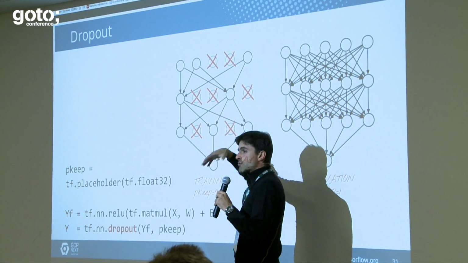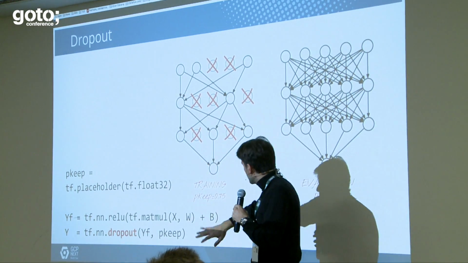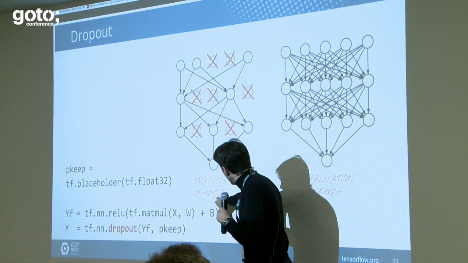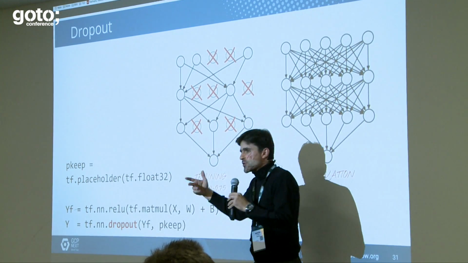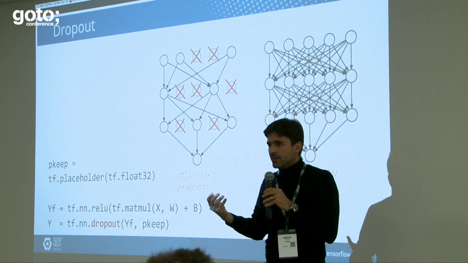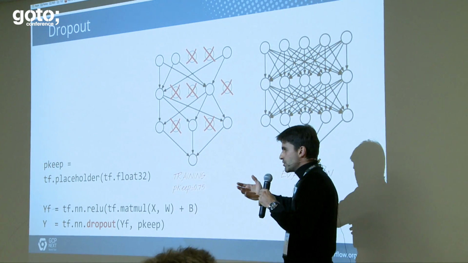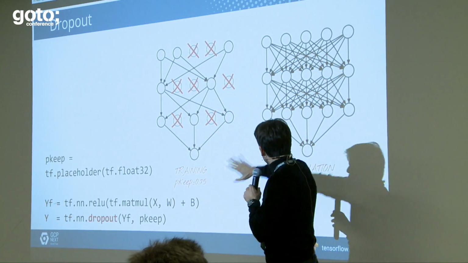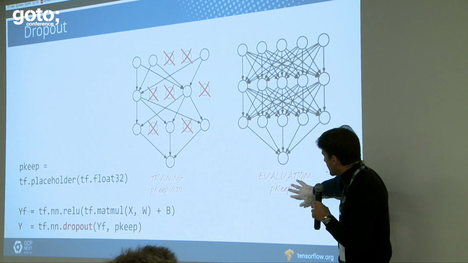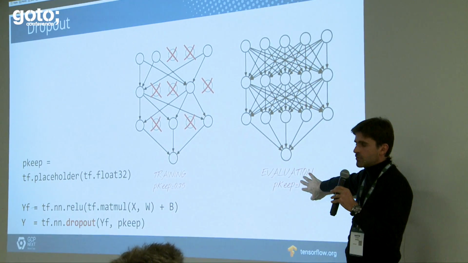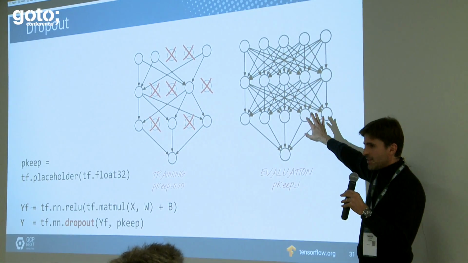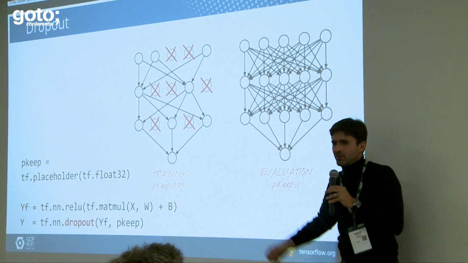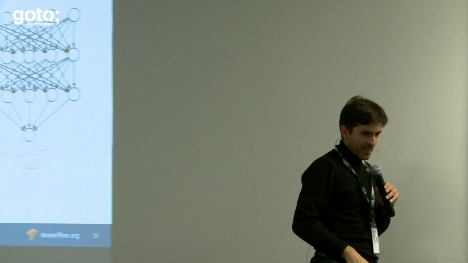So you do this at random at each round. You take a probability, for example, here, 25% probability of a neuron dying, and at each round in the iteration, you shoot 25% of your neurons. Of course, when you evaluate the final performance of your system, you put them all back, okay? You don't evaluate on a half-dead brain.